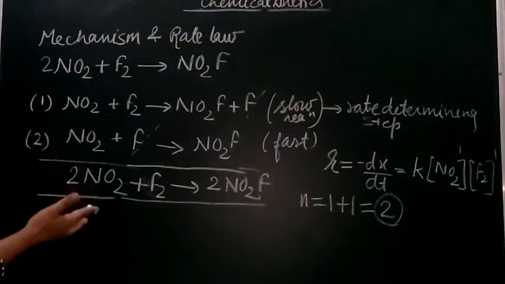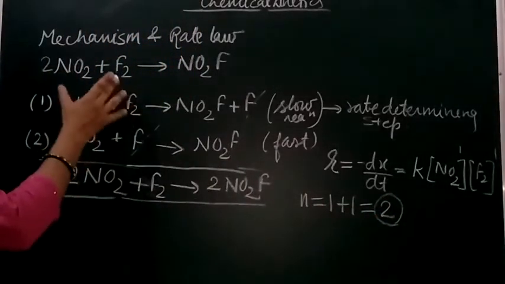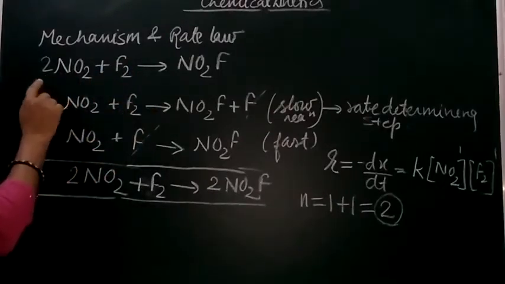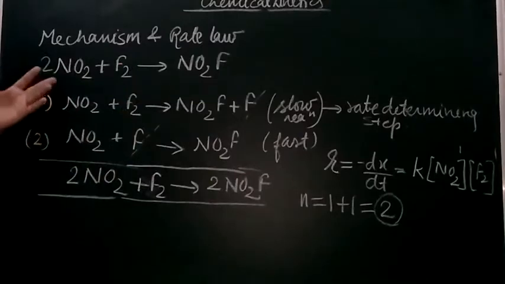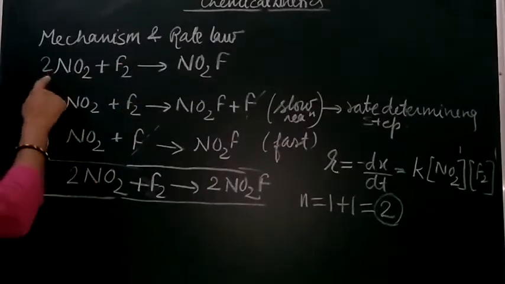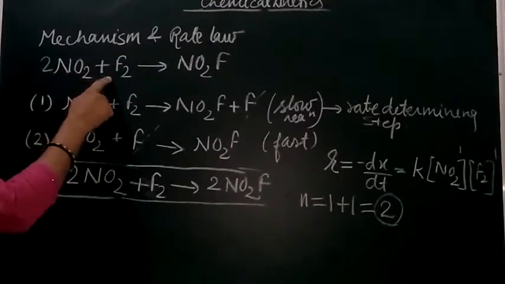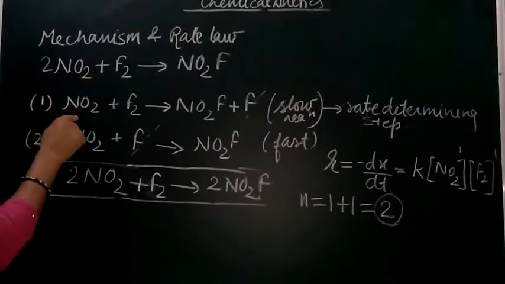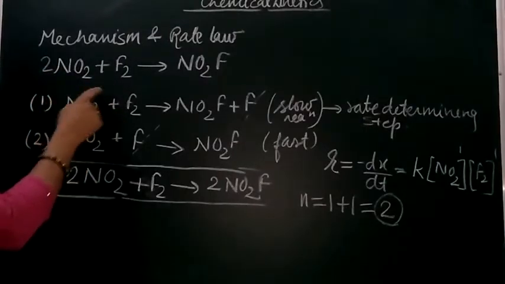So in this way, a reaction which seems to be a simple one, sometimes simultaneous collision is not possible, so that time the reaction is going to take place in steps.